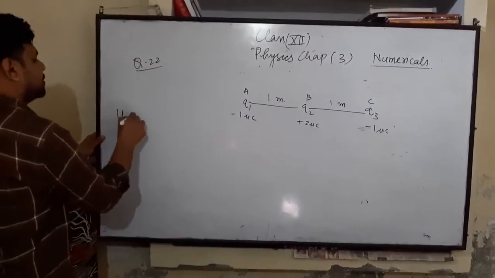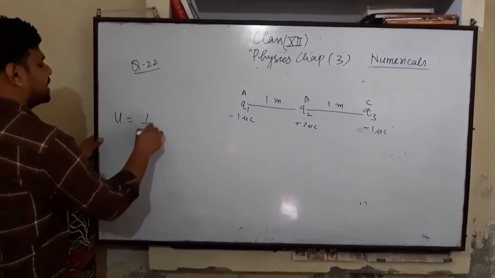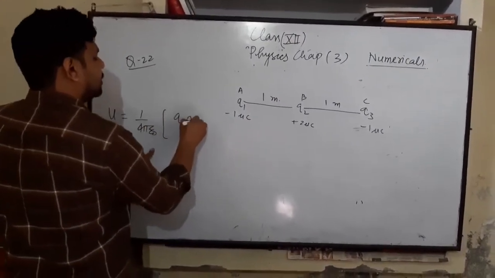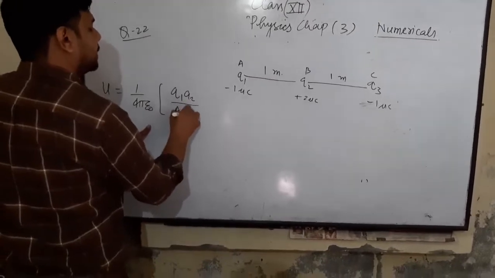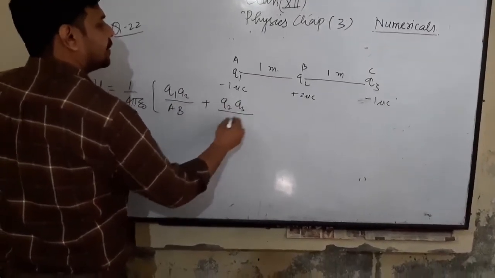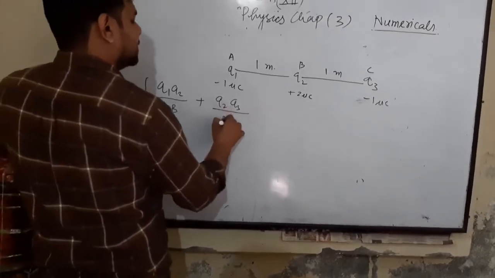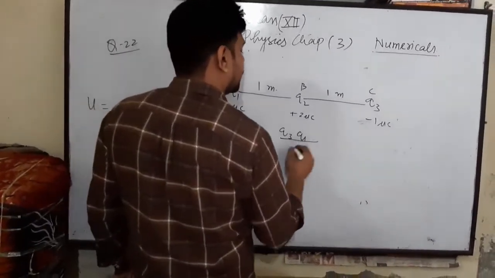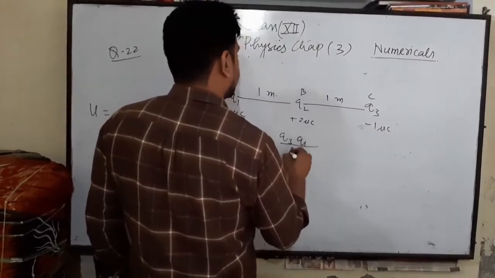So total potential energy is equal to 1 over 4 pi epsilon naught times Q1 Q2 upon AB plus Q2 Q3 upon BC plus Q3 Q1 upon AC.